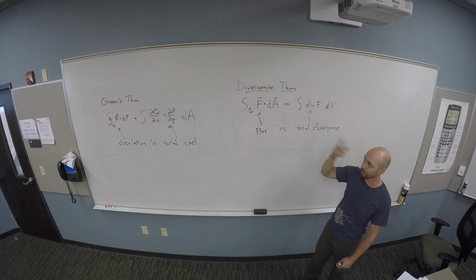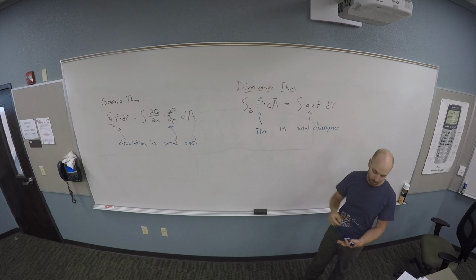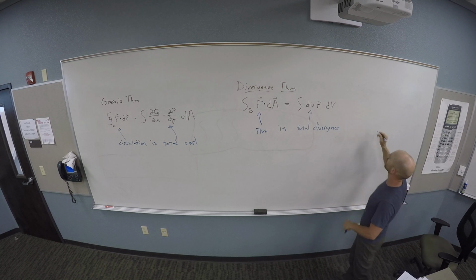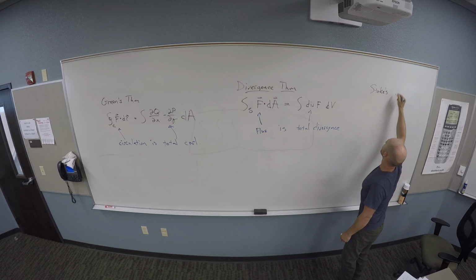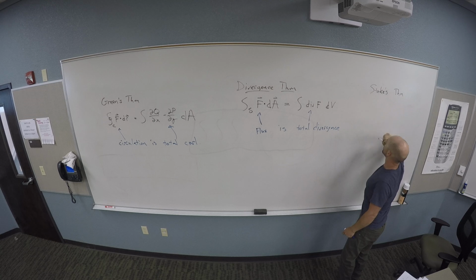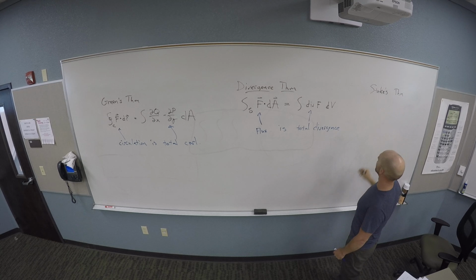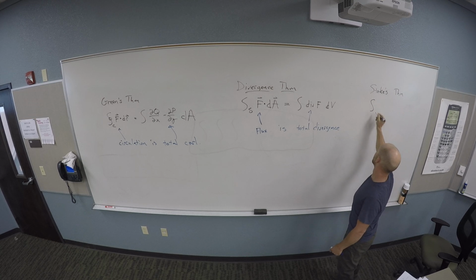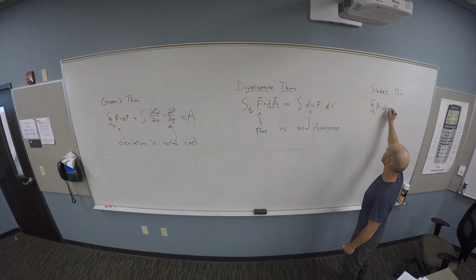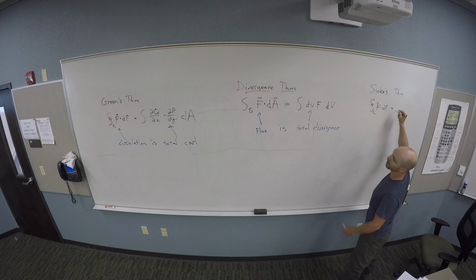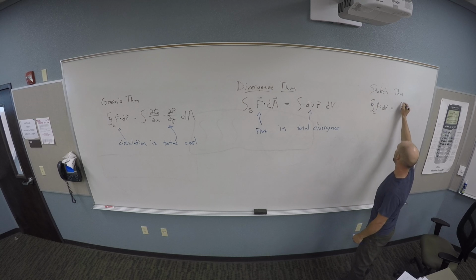So that's really what all three of these things are: Green's theorem, the divergence theorem, and this other thing, Stokes. And Stokes' theorem really says that the integral around a curve C of F dotted with dr is really just this thing amped up.